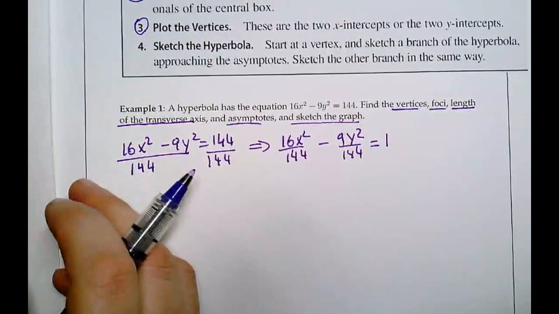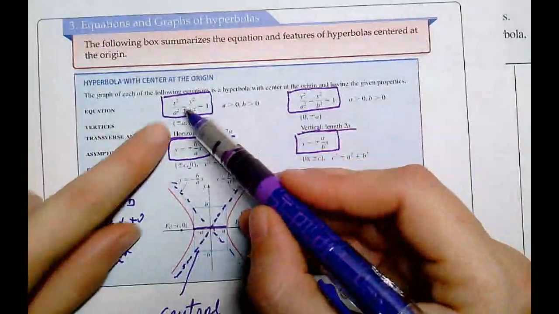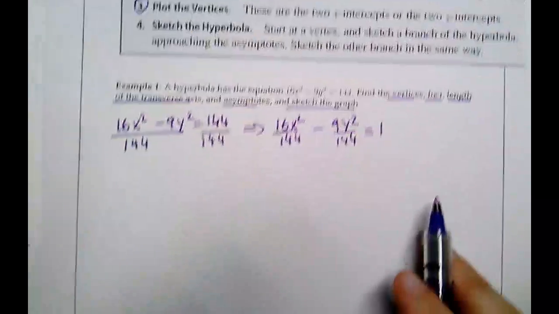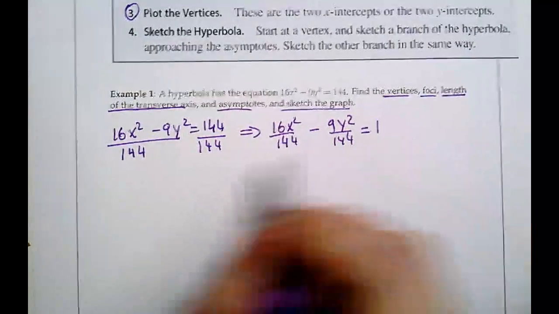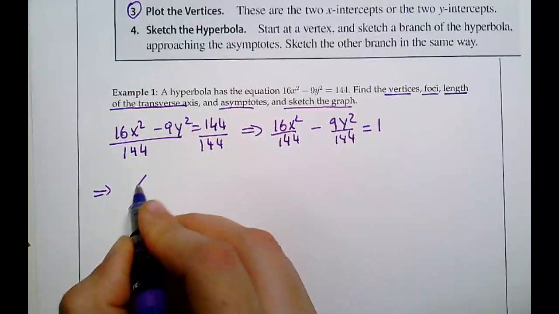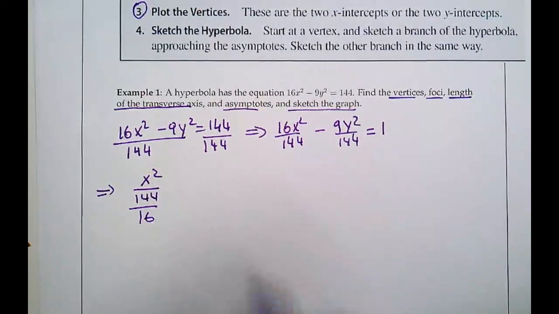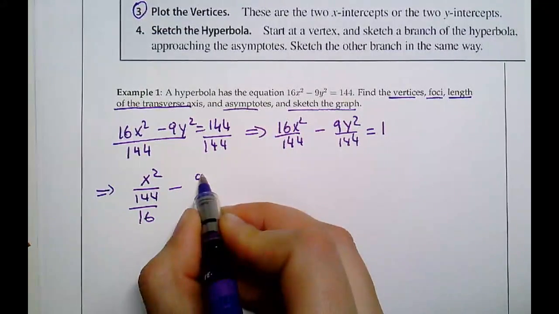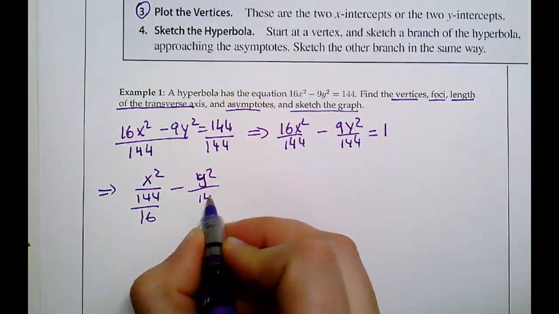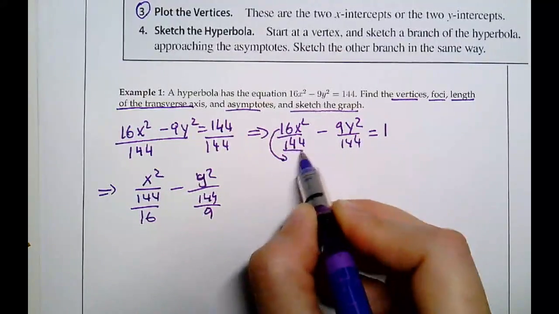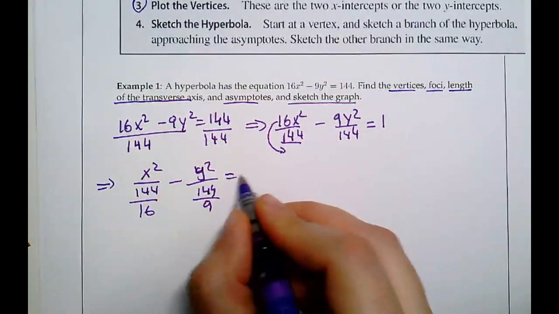But still, we have to have it in the form x squared over a squared minus y squared over b squared equals 1. So I'm going to write this as x squared over 144 divided by 16 minus y squared over 144 divided by 9, right? Because I can move this down right here. Equals 1.